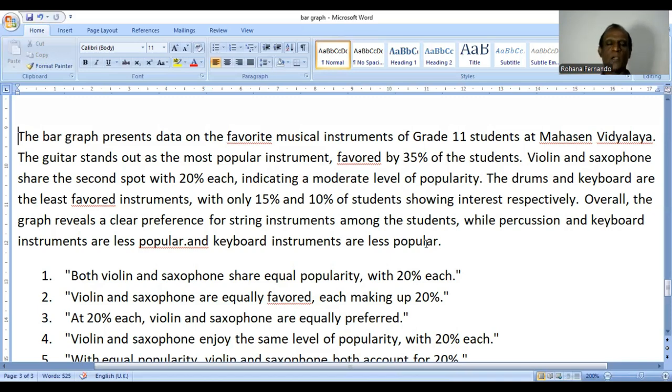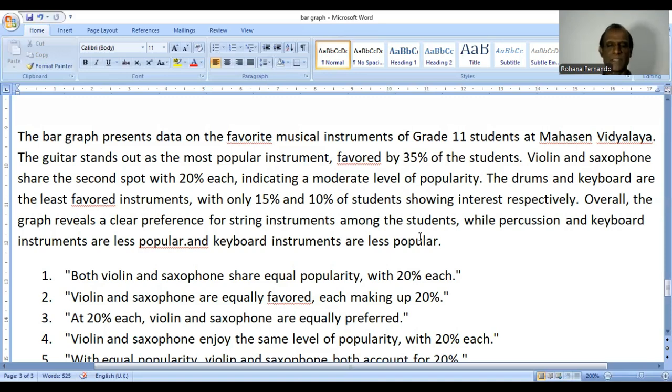Four, violin and saxophone enjoy the same level of popularity. So here we have used another word, enjoy. Enjoy the same level of popularity, with 20% each.